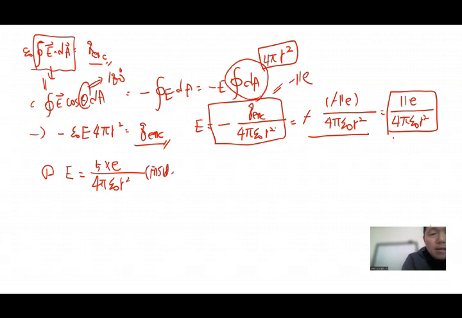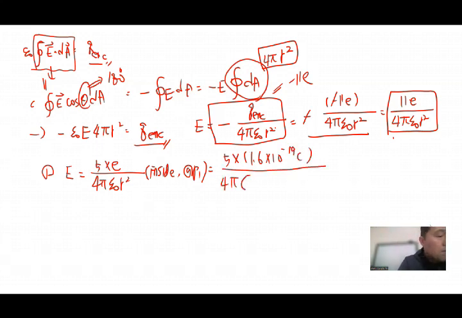Now you plug all the values into this formula: 5 times 1.6 times 10 to the minus 19 coulombs, divided by 4 pi times 8.85 times 10 to the minus 12 coulomb squared per newton per meter squared.